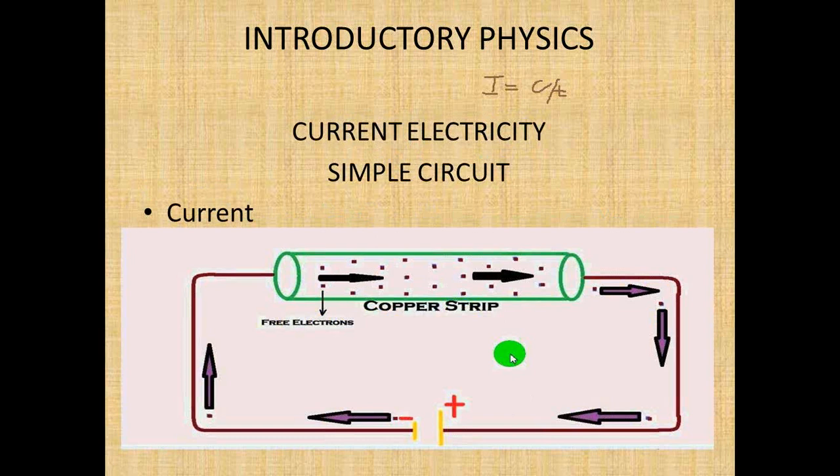So it's not that when you complete your circuit and put your switch on, you're going to have electrons flowing smoothly all the way around. No, because in the wire you're going to have atoms, and the electrons are going to collide with these atoms. So it's not going to have a nice, straightforward path.